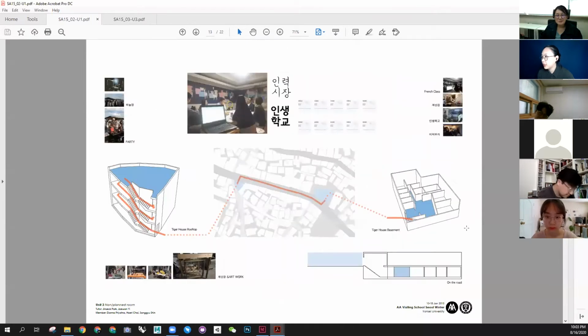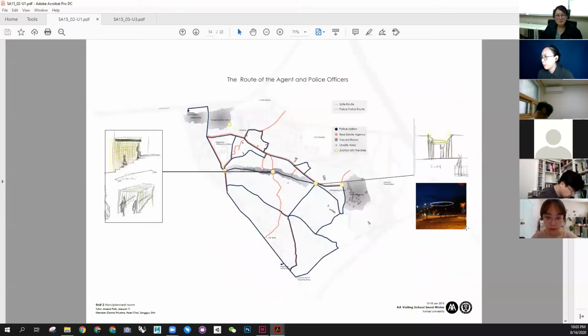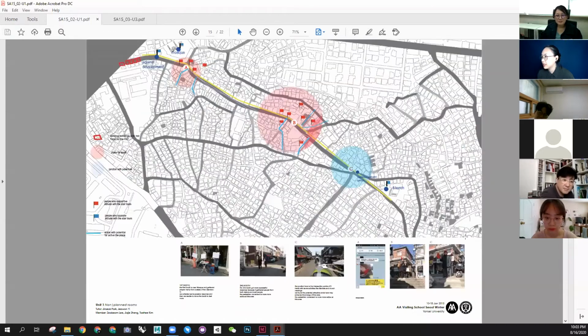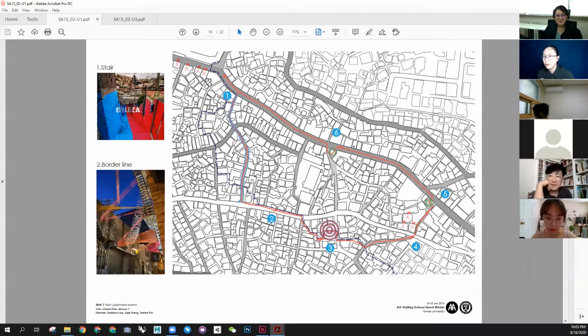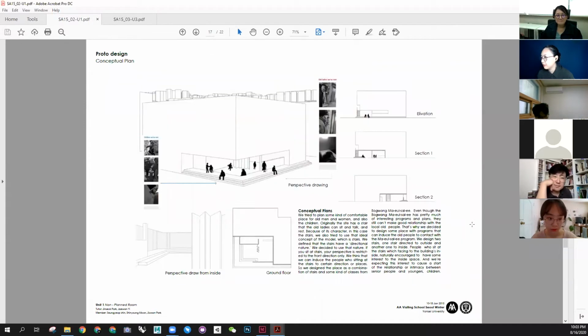And finally, they also proposed certain changes. This can be very physical changes, or software-based changes, or programmatic changes to be inserted in this specific area.